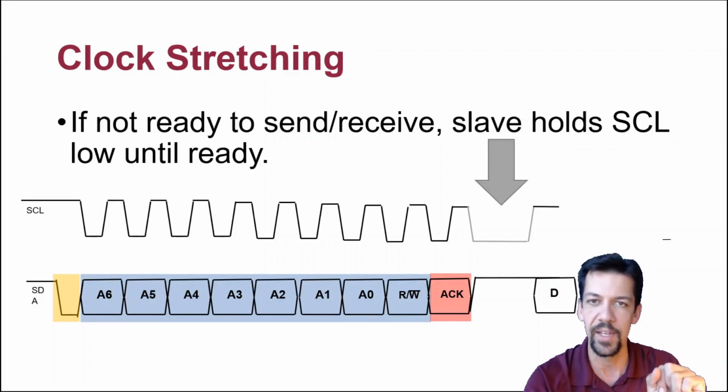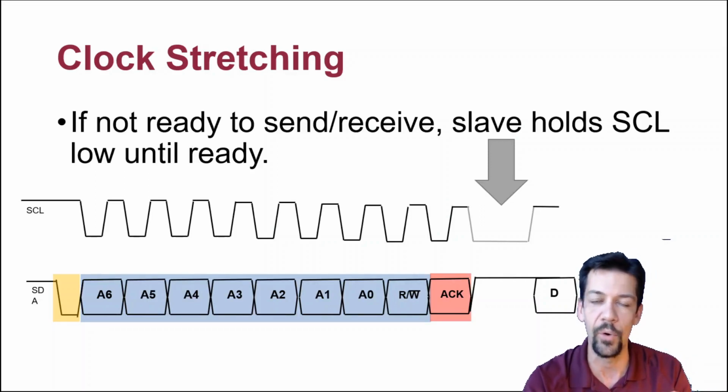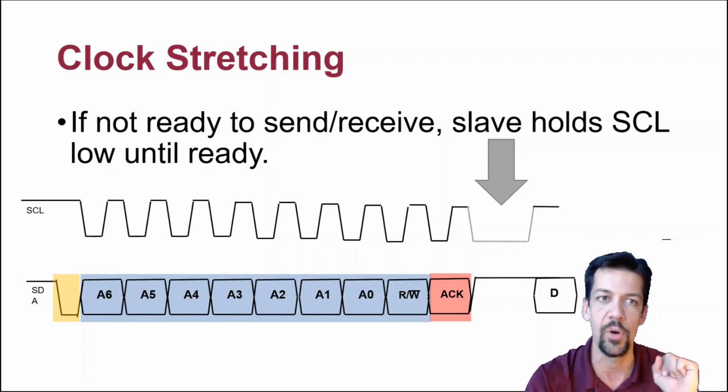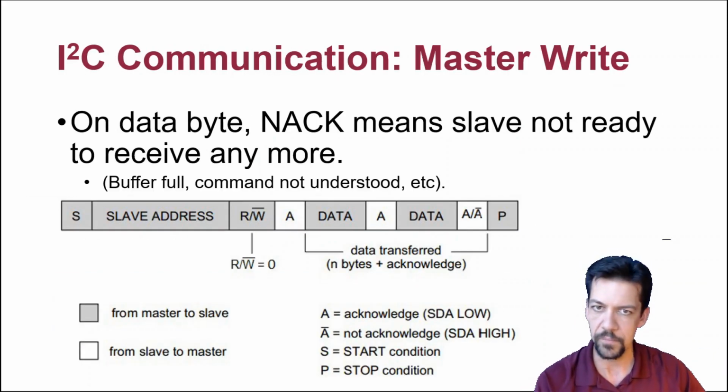It'll pull that clock line low and say, I need to wait for some processing to finish, or I need to get the data that you just requested, or anything like that. So don't do anything for a while. And often the hardware will detect this and not initiate a new clock until the clock line goes high. Then it'll start communicating again.